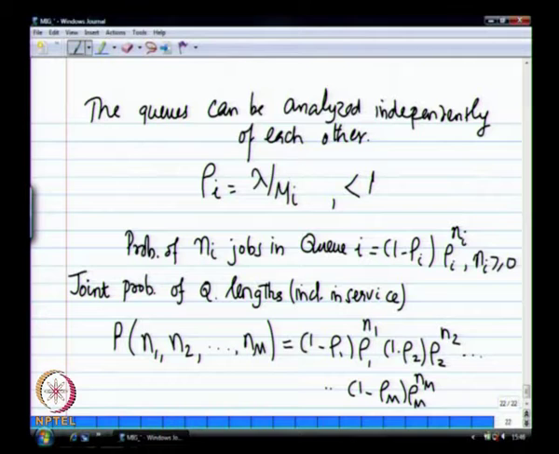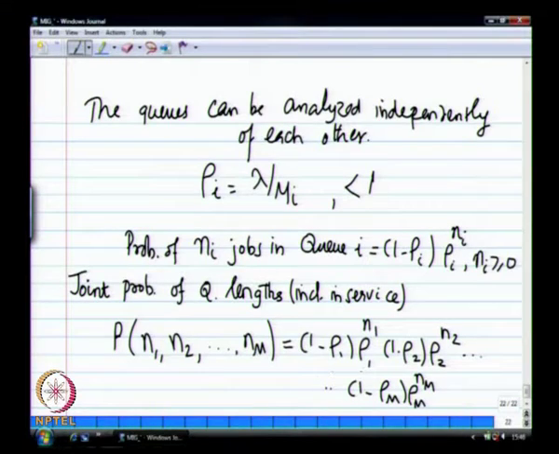So when there are 10 customers in Q1, it does not matter, there may be 20 customers in Q2, right, the probability of having 10 and 20 is independent in each of those queues. If there is dependence, then it becomes a problem, right, that is why this M/M/1 assumption is useful, that we can show that they are independent of each other, and therefore the joint distribution of having so many customers in each of these queues is simply the product of all the individual ones. So this is the probability of having n1 customers in Q1 times n2 customers in Q2 and so on.